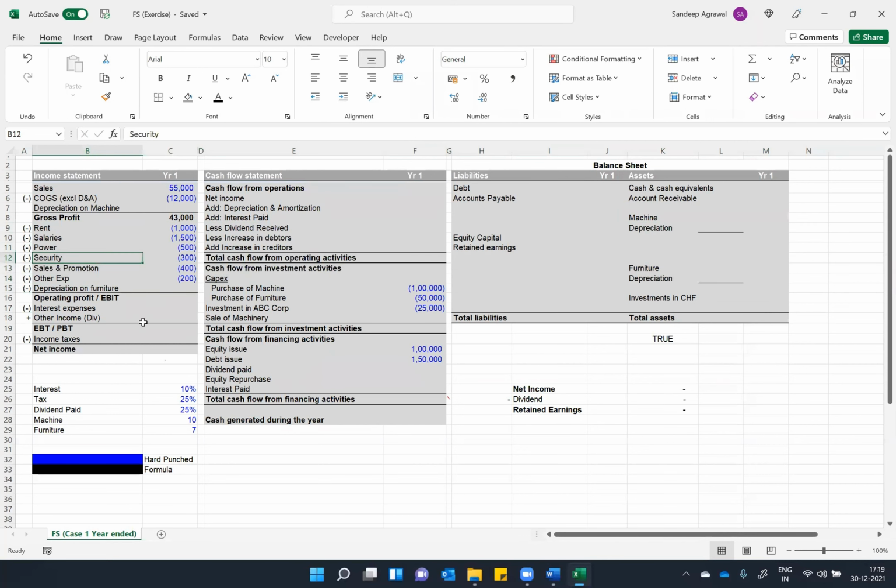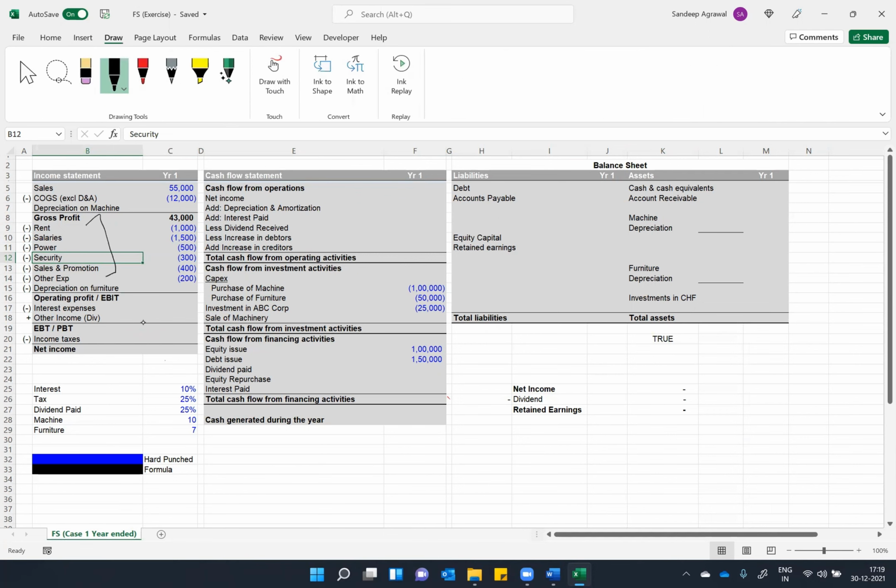So let me tell you guys, as we discussed, that these expenses can also be clubbed as either marketing and sales and general and administrative, right?